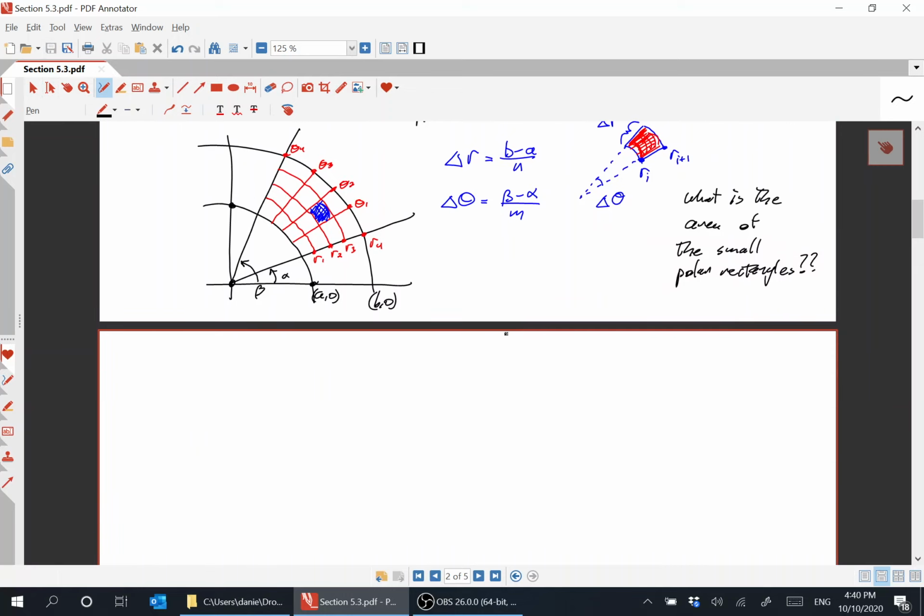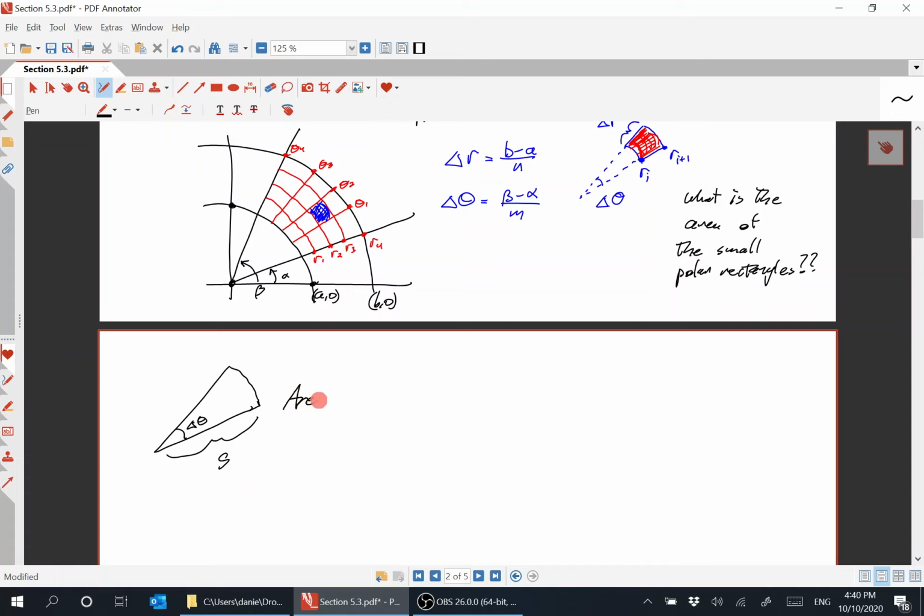Well, the area of a sector of a circle. So this is the sector of a circle here with angle delta theta and the whole radius here equal to, what should we call it, just call it s, radius s.